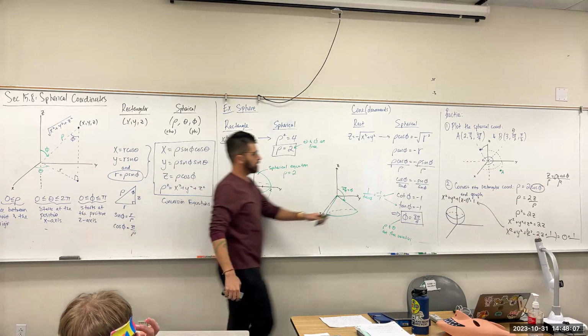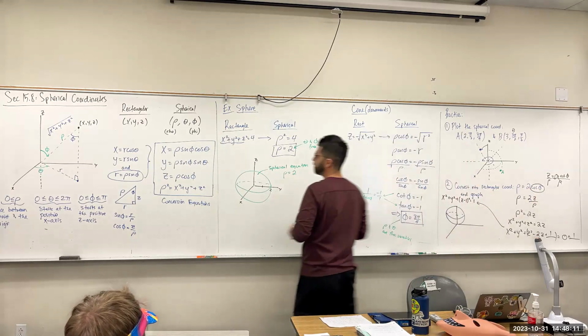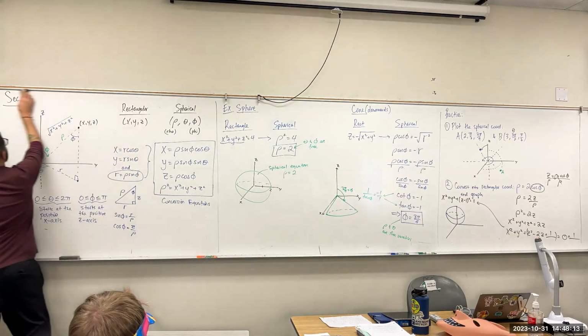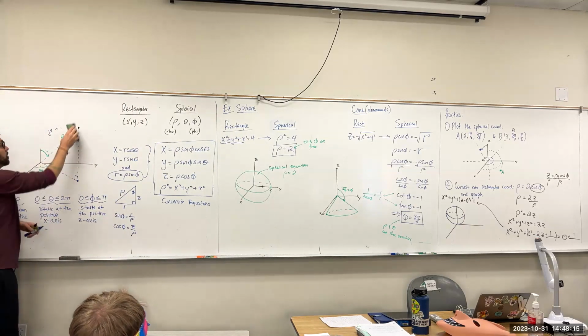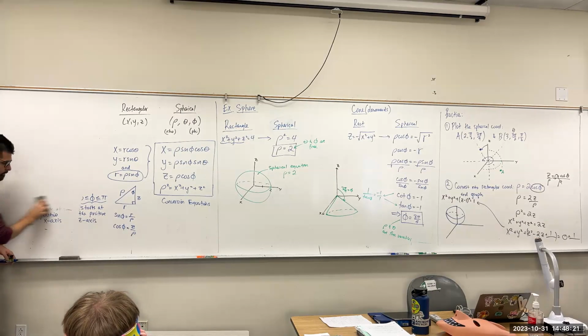That is way more complicated looking than just that. Yes, Jacob, the graph of r equals 2 cosine theta is really a circle.